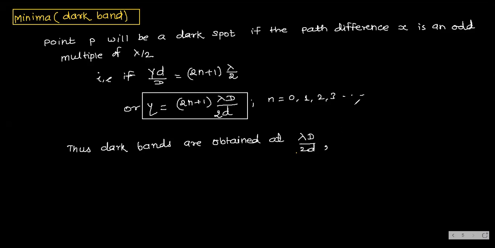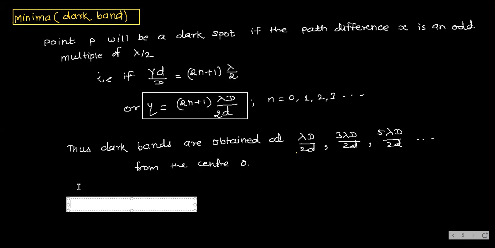Next, put 1: 2 into 1 is 2, 2 plus 1 is 3, 3 lambda D by 2d, right? Next 5 lambda D by 2d and so on, from the center O.